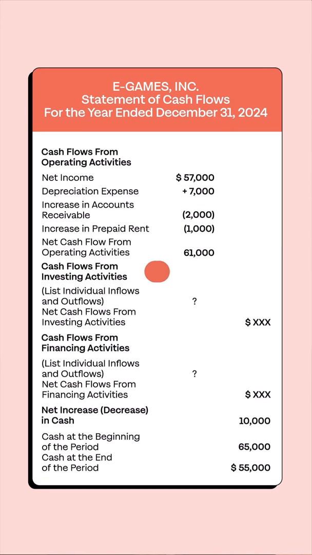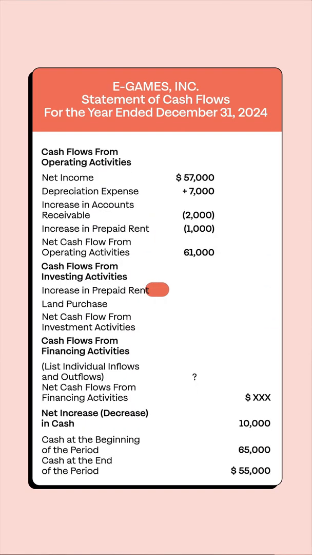Now, we'll move on to the next category, investing activities. Investing activities are related to the property, investment purchases, and equipment Great Tools owns. They are the changes in the long-term assets on the balance sheet. From Great Tools' balance sheet, we know that Great Tools sold $20,000 worth of investments during the period. This is a cash inflow.